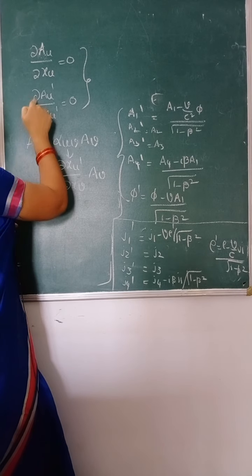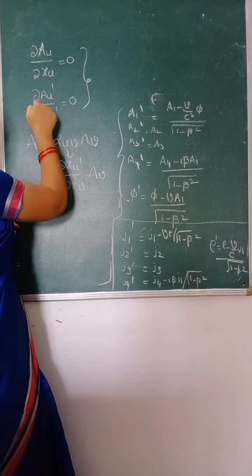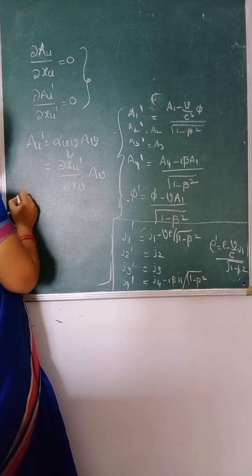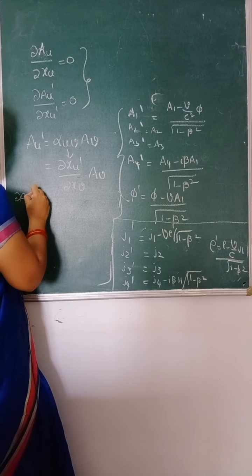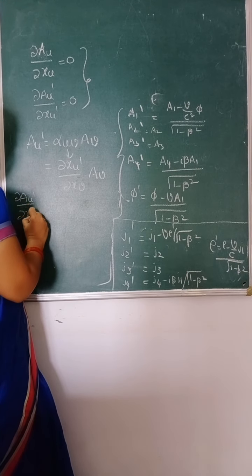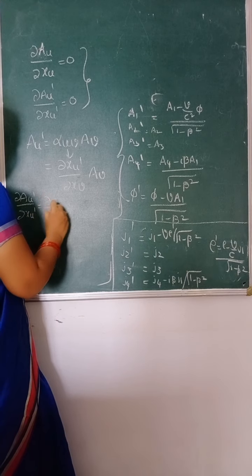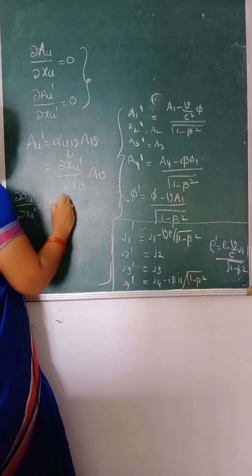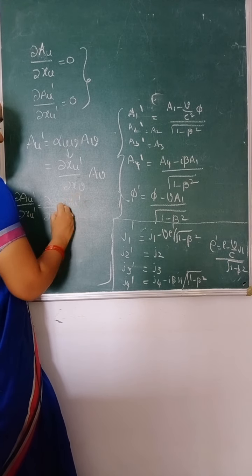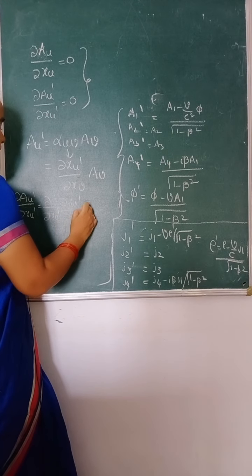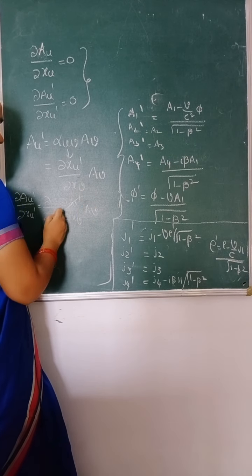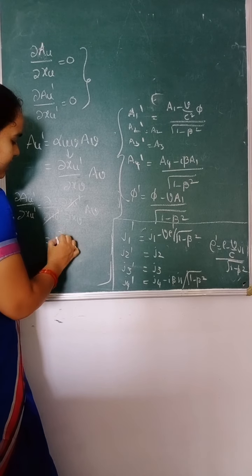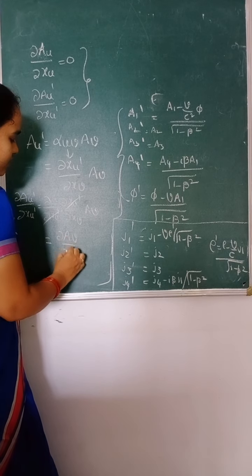So let us calculate. In order to derive that, let us differentiate this equation, that is dou AU dash by dou XU dash is equal to dou by dou XU dash of dou XU dash by dou XV into AV. Dou XU dash cancels, and we get dou AV by dou XV.